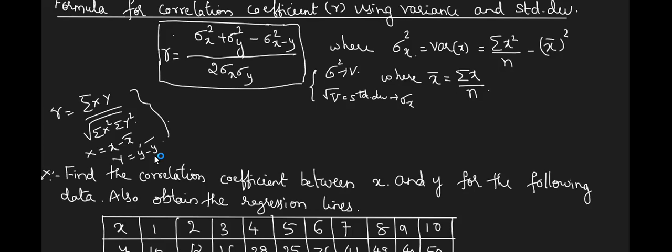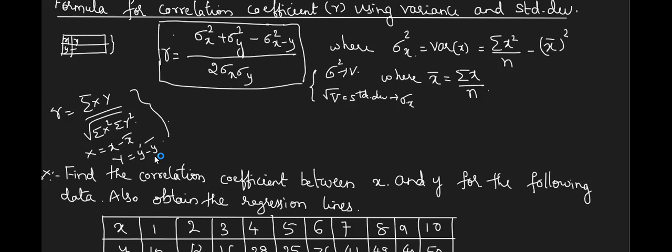Now this depends on quantities like sigma square x. To find correlation, they should give a table containing x and y values. First we calculate sigma square x, which is summation of x square upon n minus x bar, the whole square. x bar is the mean: add all the values of x and divide by the number of values.